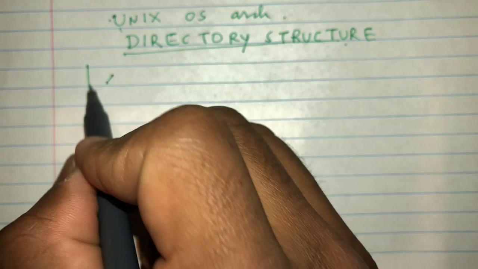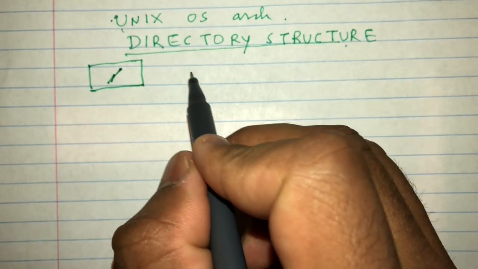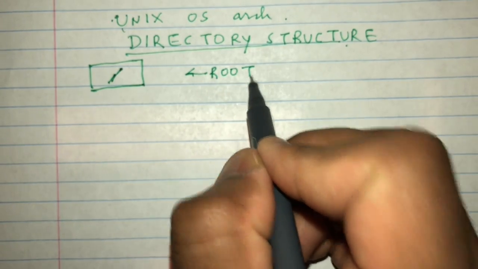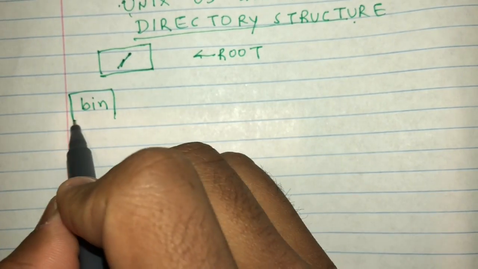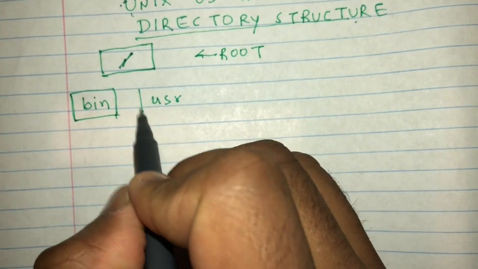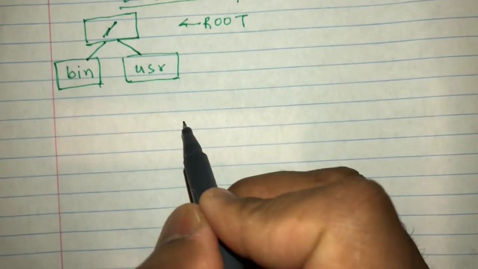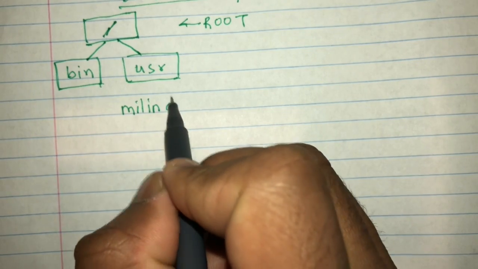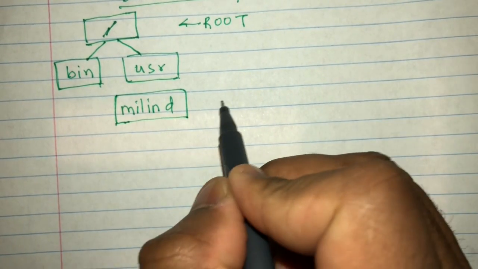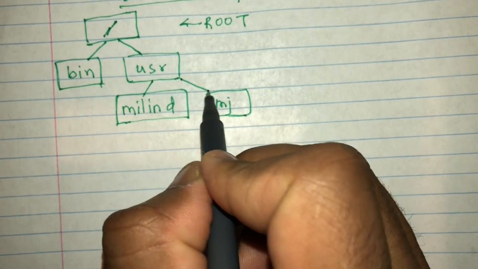So I will start with root. Whenever you see a slash symbol, specifically forward slash, that is called root. So I will just write here root. Then under it, let's say you have a directory called bin, and one more directory USR. So you can form the linkage like this. Under USR, let's say you have a directory called Milind, and you have a directory MJ, that will be another directory, stating that there are two users.